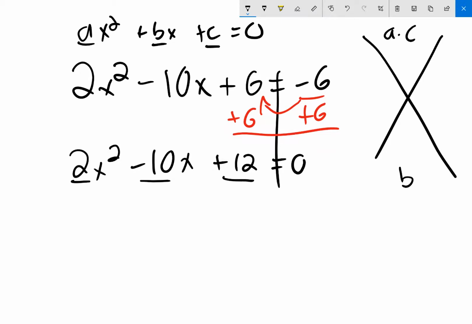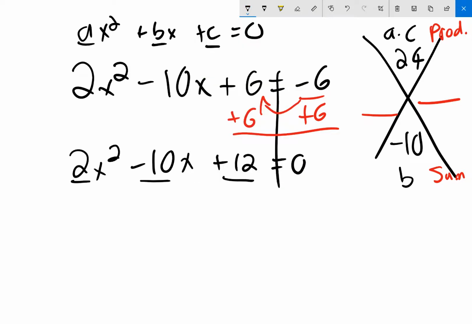If I do a times c, I'm doing 2 times 12, which is 24. So I need to know that number. I also need to know what b is. B is negative 10. So now here's the catch. I need to know what 2 numbers multiply to my product of 24 and add to my sum of negative 10. So what 2 numbers multiply to 24 and add to negative 10? I'll let you think about it.